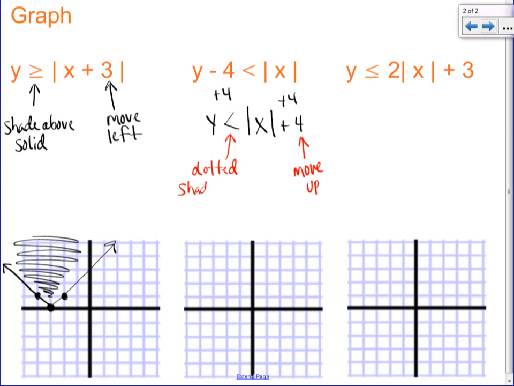And shade where? That wasn't very confident. Above or below? Below. Okay, so we travel up 4. 1, 2, 3, 4. We go up 1 over 1 in both directions. You told me it's a dotted line. And shade below.